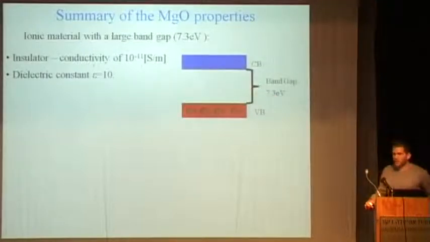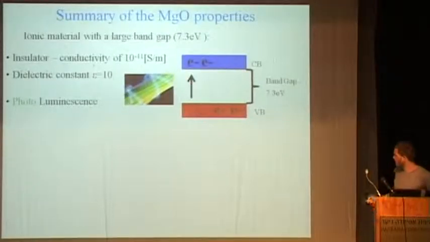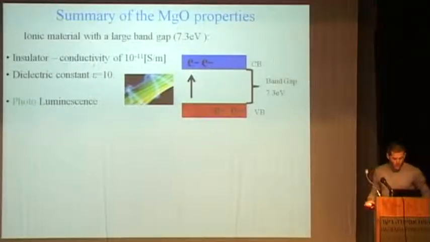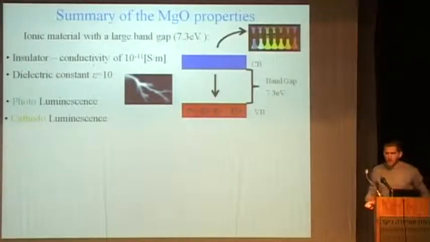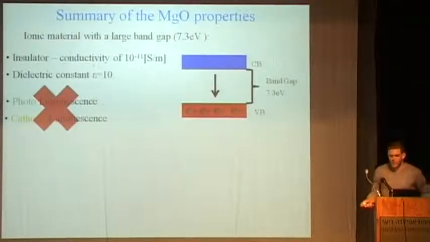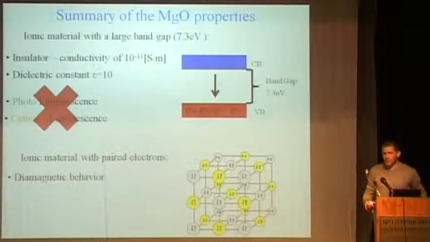When we look at properties like photoluminescence, we use light to excite electrons from the valence band to the conduction band, or in cathodoluminescence, we use electrons to excite electrons from the valence band to the conduction band, and then we measure the luminescence when the electrons decay to their ground state. Magnesium oxide doesn't show it because the band gap is too large. The band gap of magnesium oxide is 7.3 electron volts. Also, magnesium oxide is diamagnetic.